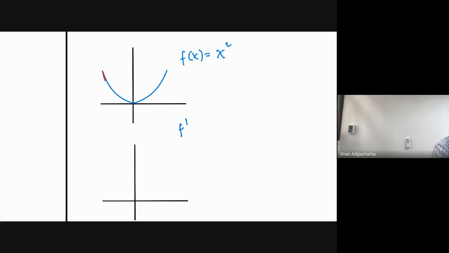Check several points. If you see the gradient is getting down, right? It goes down, so it's negative, right? And after 0, it's going up.